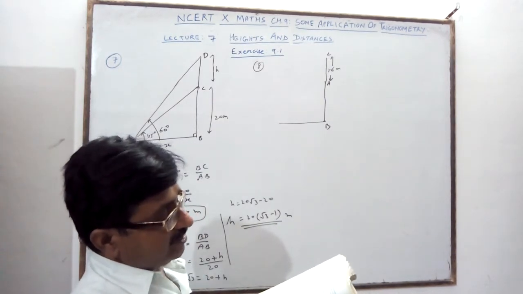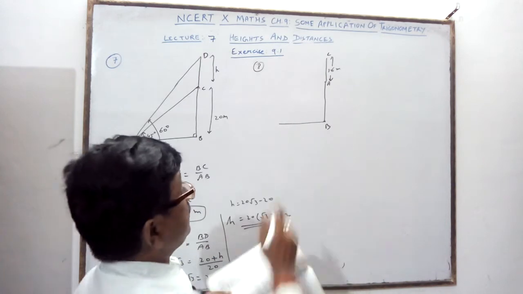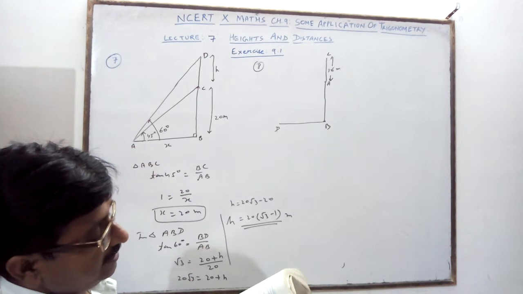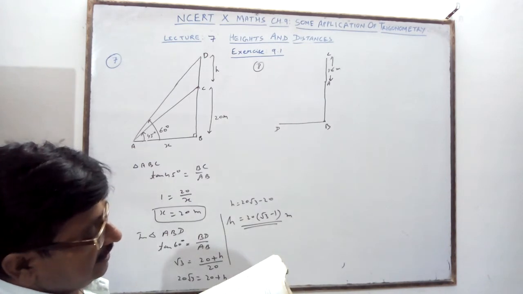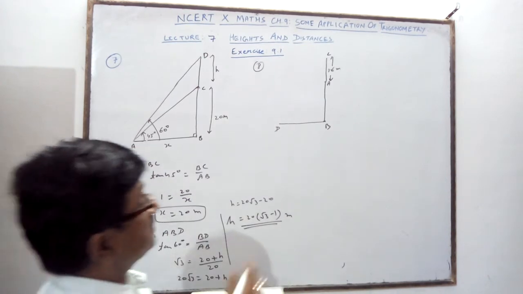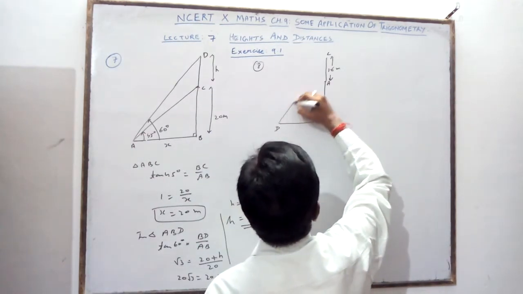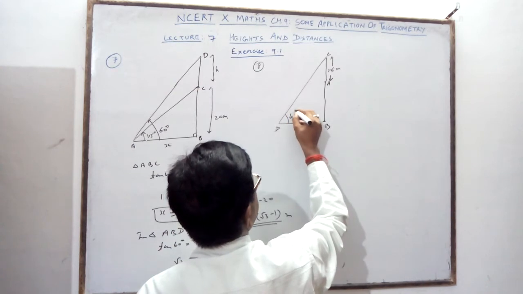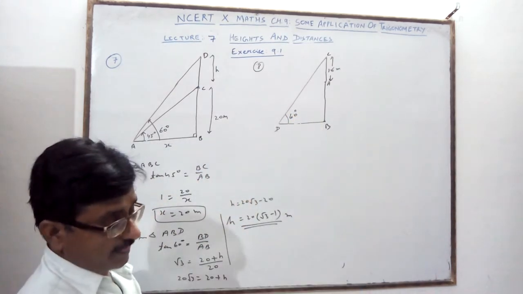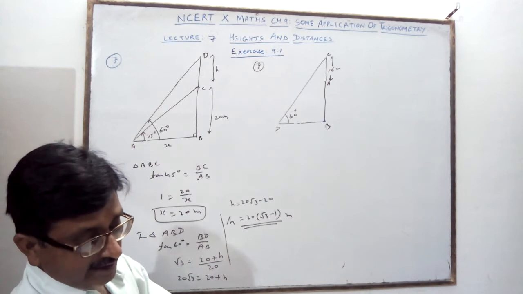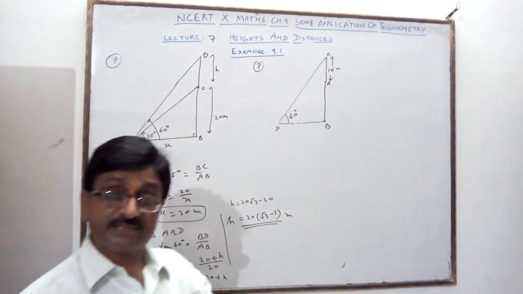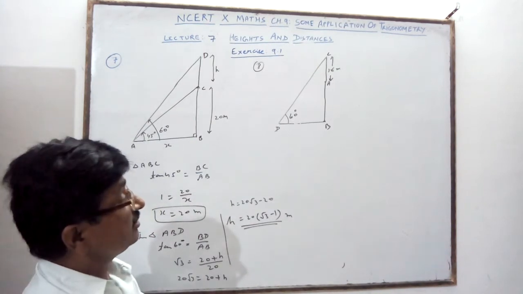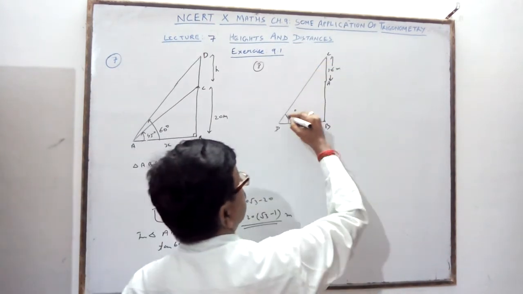The angle of elevation of the top of the statue from a point on the ground, suppose you are here, is 60 degree. Top of statue means this. It is given 60 degree. And one more is given: from the same point, the angle of elevation of the top of the pedestal, or bottom of the statue, both are the same thing.